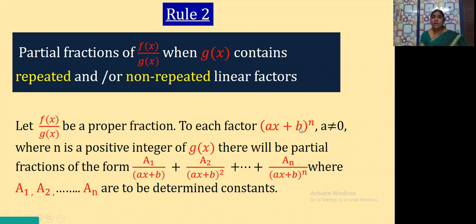Suppose there is power 3, then the third partial fraction will be a3 by (ax plus b) whole cube. So you have to go on increasing the power; for each partial fraction the power will be increasing. Is it clear, children? Understood?